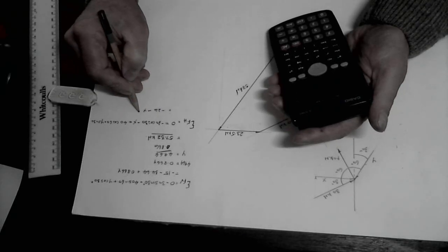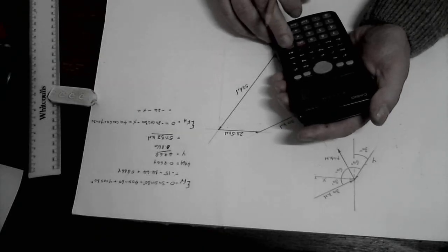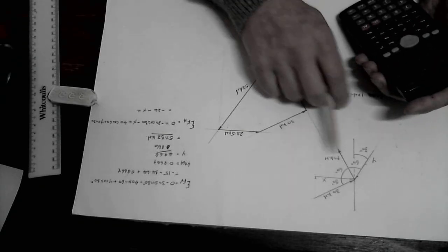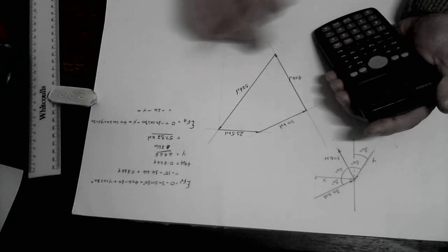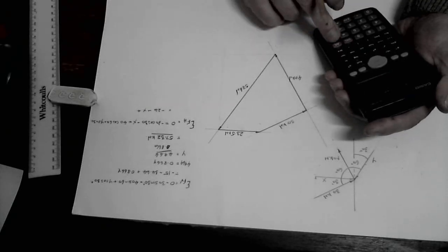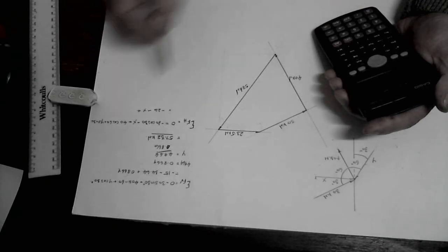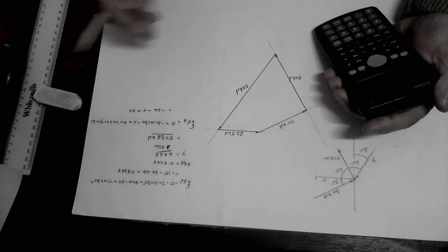Plus 40 cos 60, that's 20, and y sine 30.